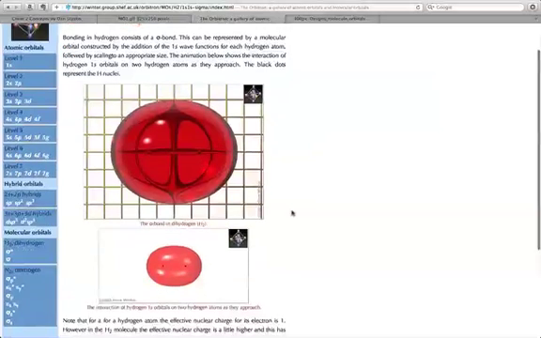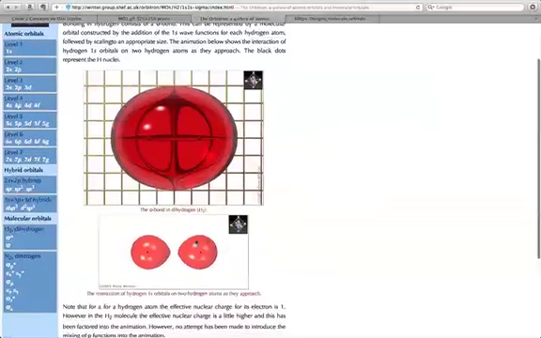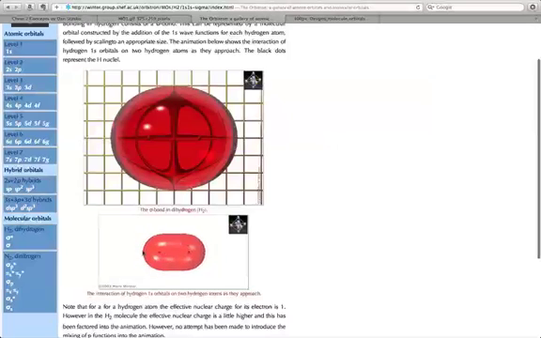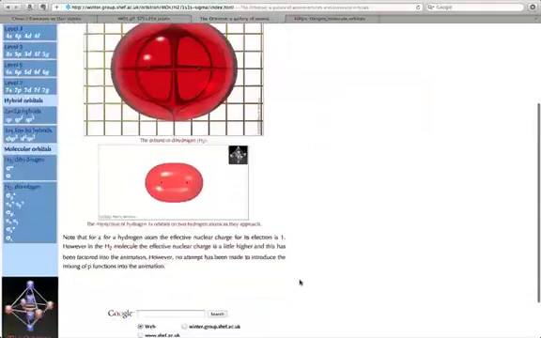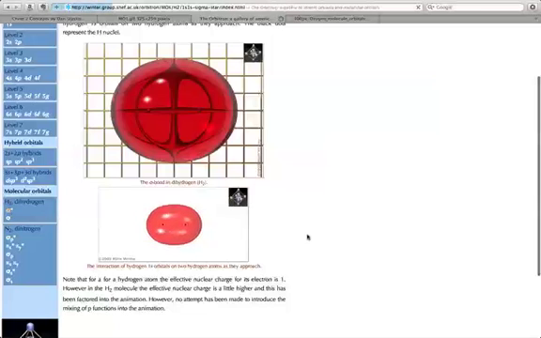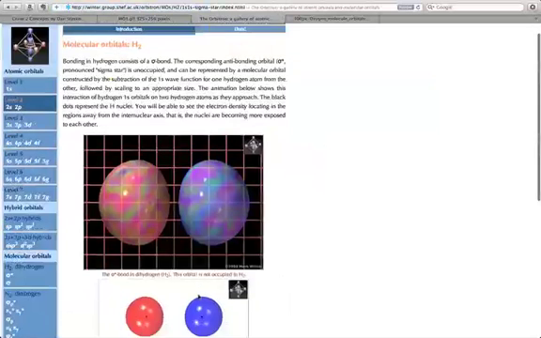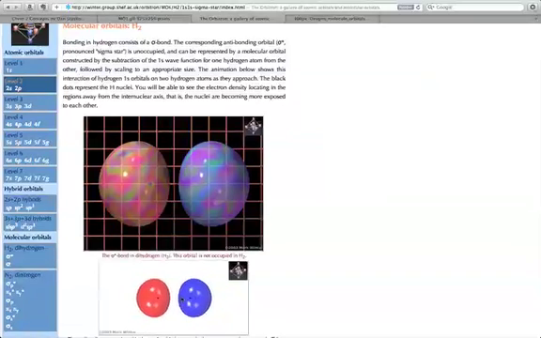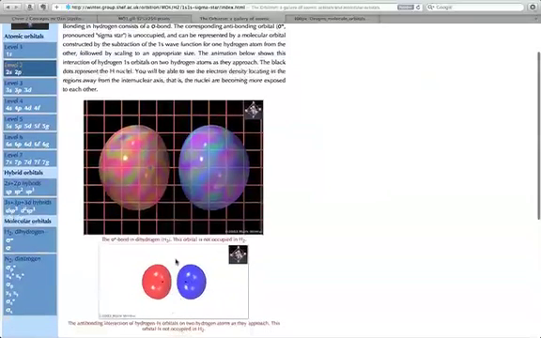A slightly better picture would show this one, where you bring the two atoms together, and in one case their probabilities merge. In another case, when you have the antibonding orbitals, you bring them together and they do not merge. You end up with opposite phases.